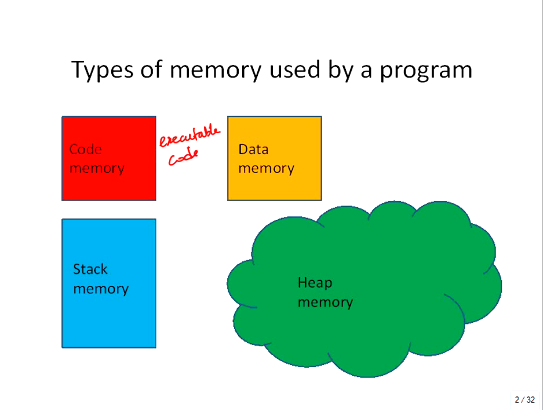Whatever we compile, when it's ready to run, whether it's .exe in Windows or a.out in Unix or something like that, it's executable code. This is typically read-only code. In the old days, hardware did not provide a lot of protection, so we couldn't make a portion of the memory read-only.